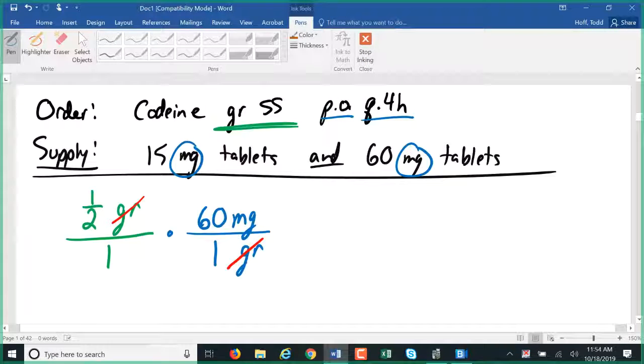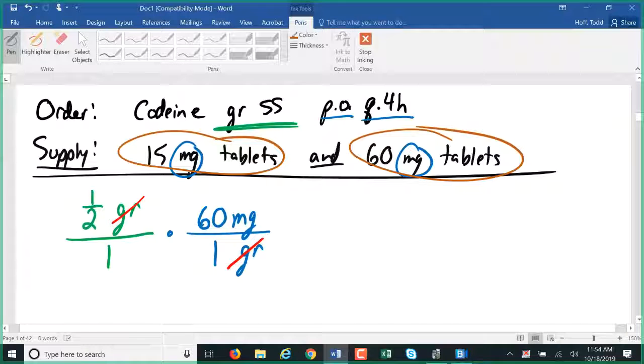Now we're left with kind of a decision here. We have 15 milligram and 60 milligram tablets. We don't know which one to use next. So at this point, we're going to do it both ways and see which way it works out. Let's start out with the 15 milligram tablets. So milligrams go on bottom, so it cancels out. 15 milligrams in one tablet.